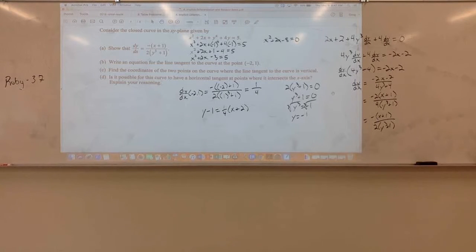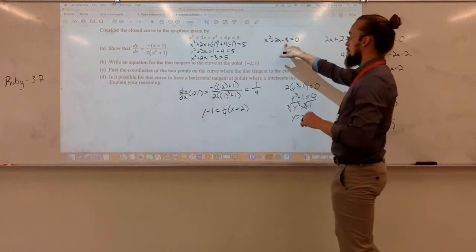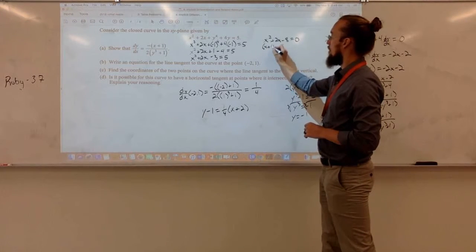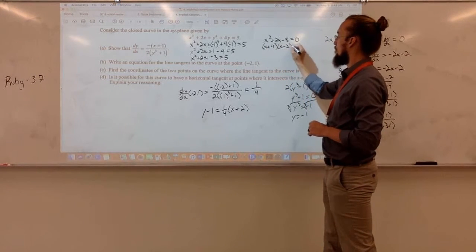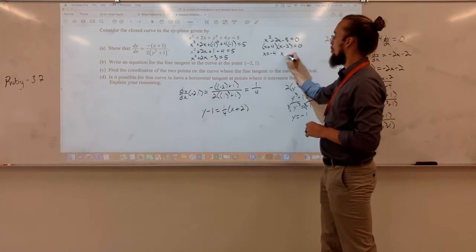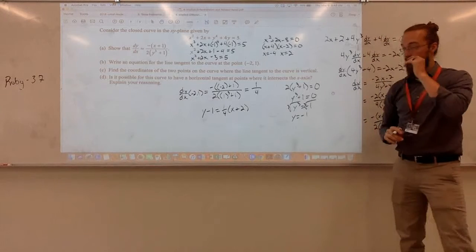So I want to solve this quadratic, right? This does factor. If I'm looking for two numbers that multiply to -8 and add to +2, +4 and -2 would work. So that would give me x equals -4 and x equals +2.